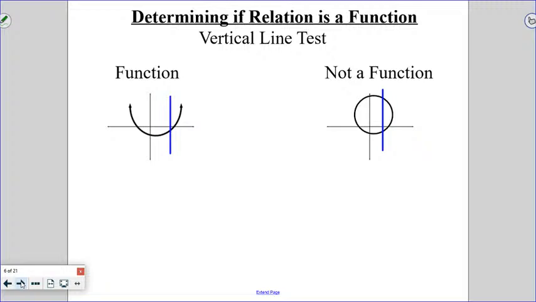But if that vertical line would hit our graph at more than one place, 1, 2 places here, not a function. That's 2 ordered pairs with the same x value. So now we've seen looking at the ordered pairs, deciding if it's a function, looking at the equation, deciding if it's a function, looking at the graph, deciding if it's a function.